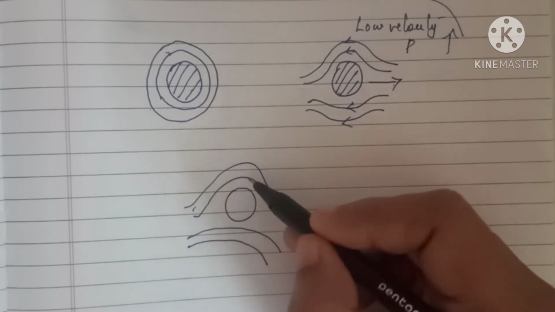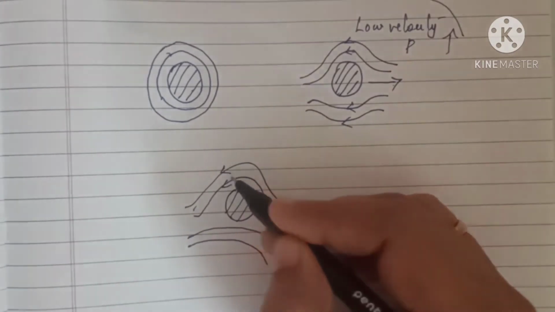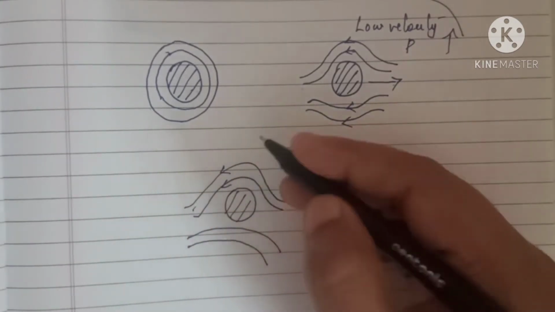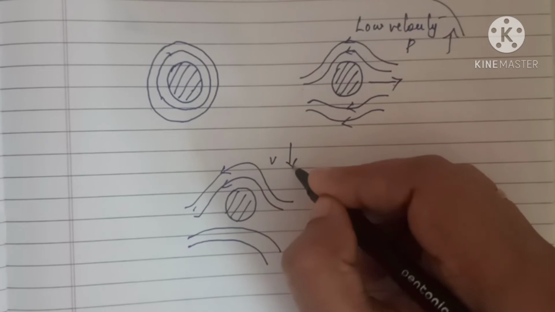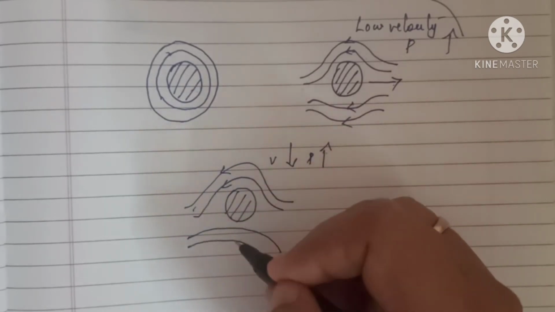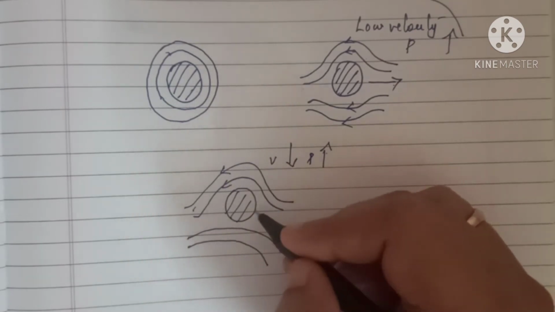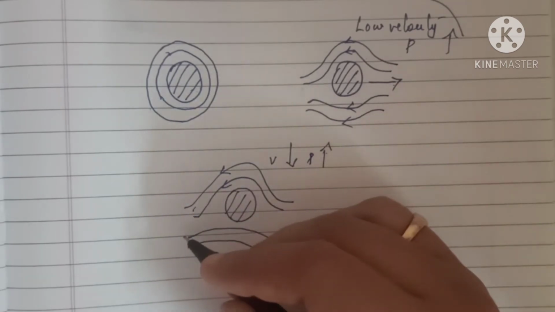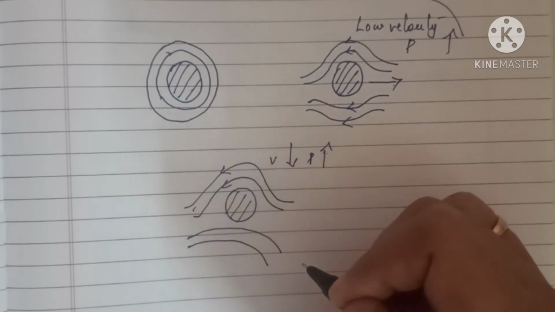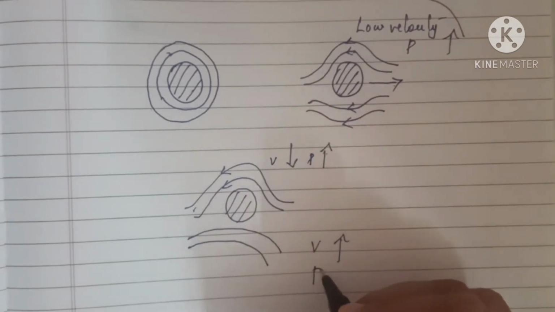The air above the ball will move in the backward direction, so the velocity will be decreasing and the pressure will be increasing. But the air below the ball will move in the direction of the spin itself. Suppose the spin is like this, it should also move like that, right? So the velocity here increases and the pressure decreases.